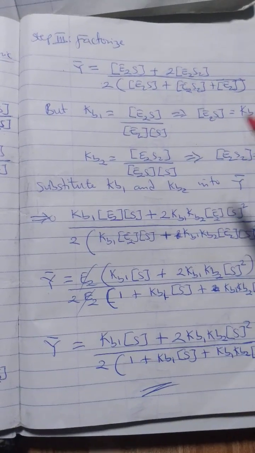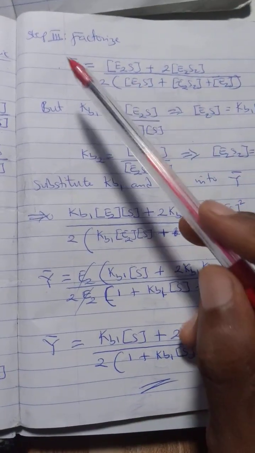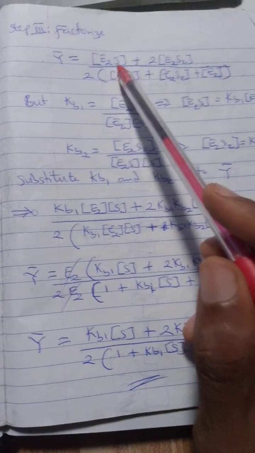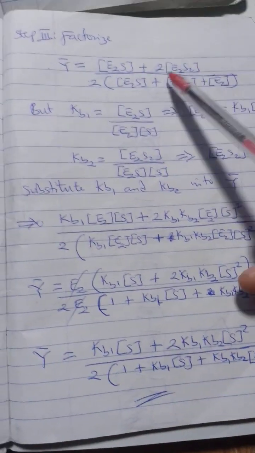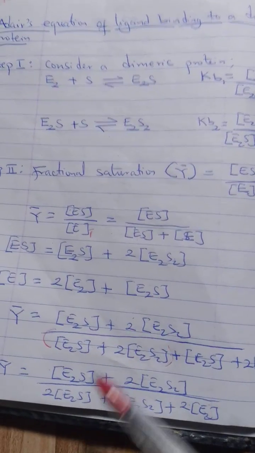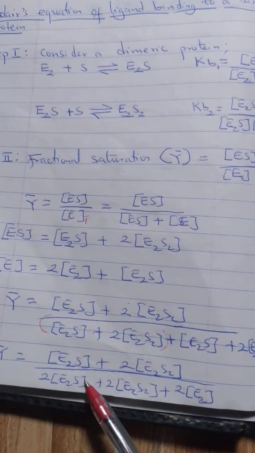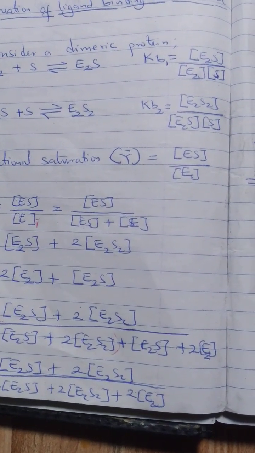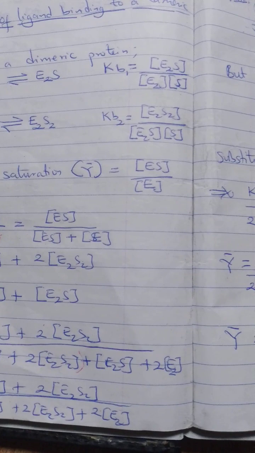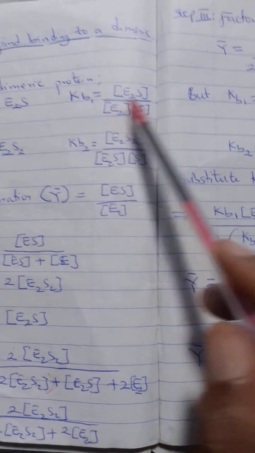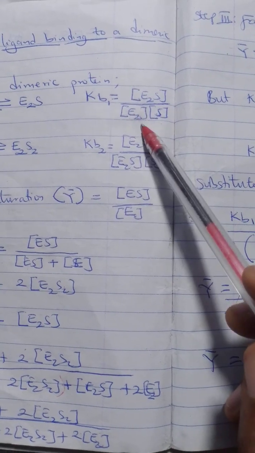The next thing is to factorize. Now we have Y bar equal to, now look at this, the numerator remains the same, but in the denominator, since we had 2 here, 2 here, and 2 here, we can bring out 2 from outside the bracket. That is to factorize out 2. But recall that KB1 is equal to E2S all over this.